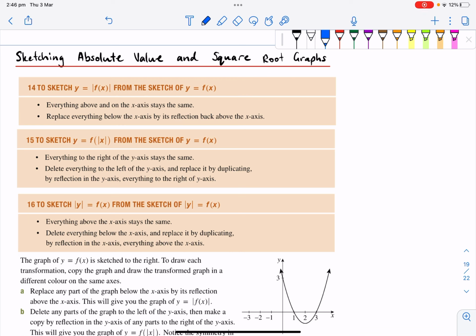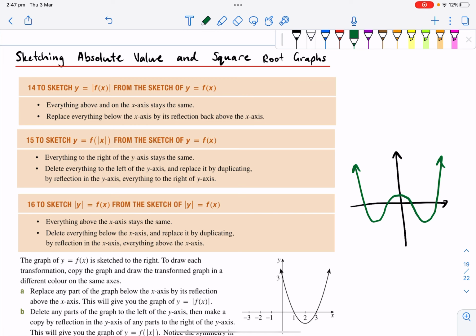Now here we go, to sketch |y| equals f(x). The rule for this is everything above the x-axis stays the same. We delete everything below the x-axis and replace it by duplicating what's above the x-axis. If we have a sketch like this, actually we need a few more features to make it clear. Let's say that's our sketch.